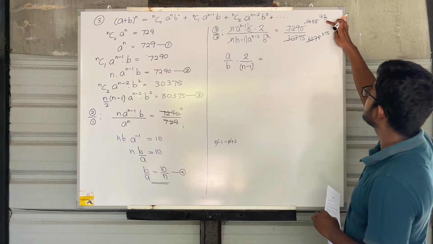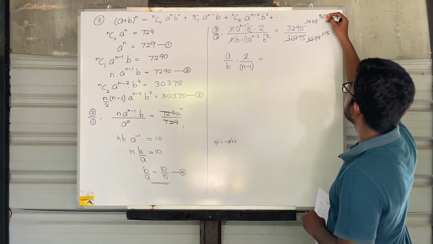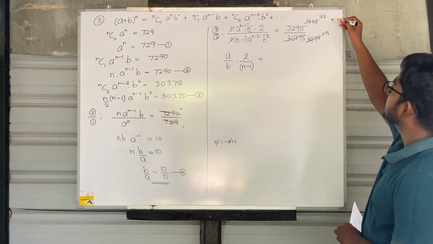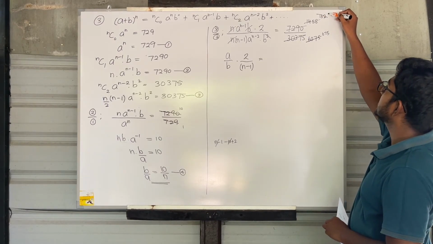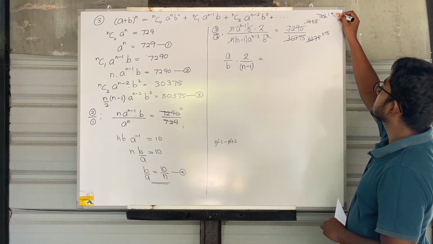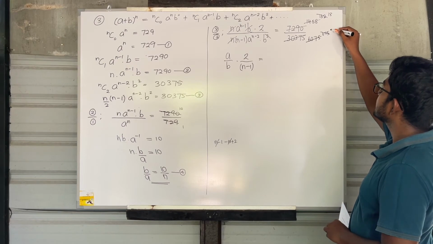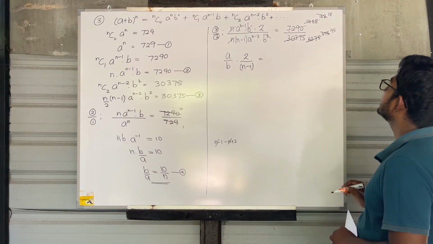This should be 162. Divide this by 3. Again we can divide this by 9. Then it will be 18, 95.